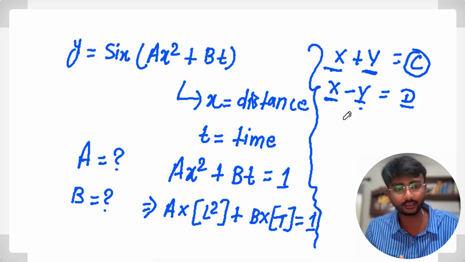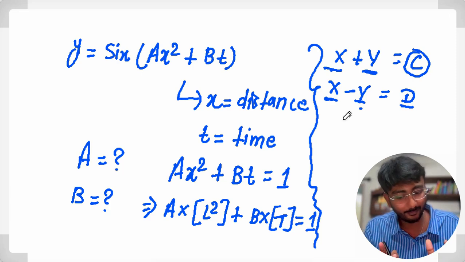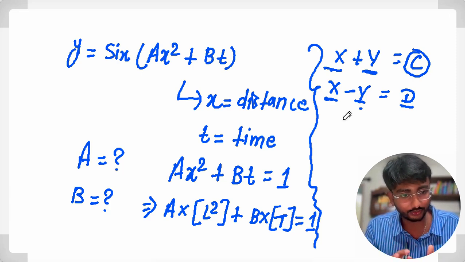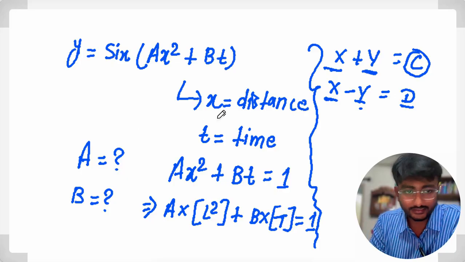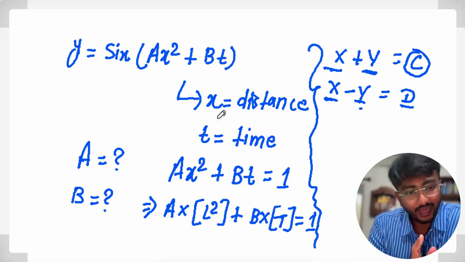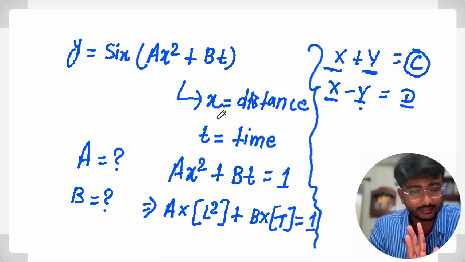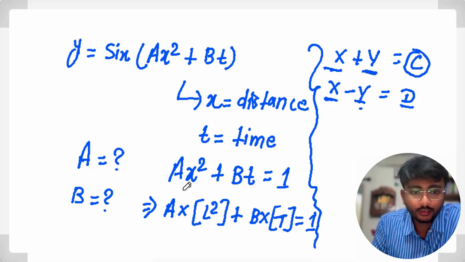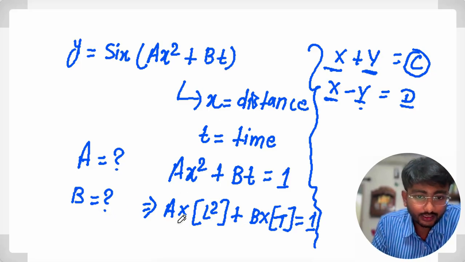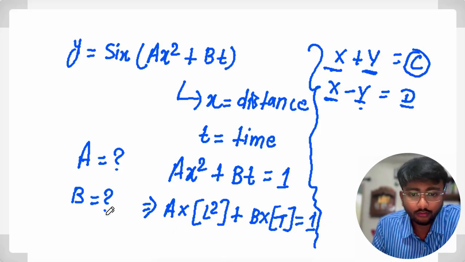If we say in general language, you can't compare two different things. You have to compare things with similar characteristics. So that's why in physics we say we can add or subtract only those quantities which have similar dimension or similar unit. So that's why see here, a x square plus b into t equal to 1.